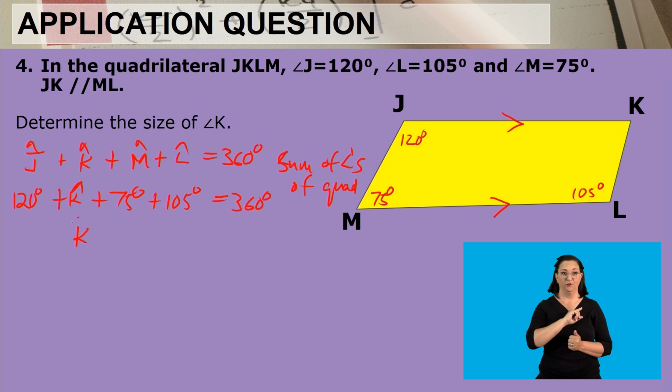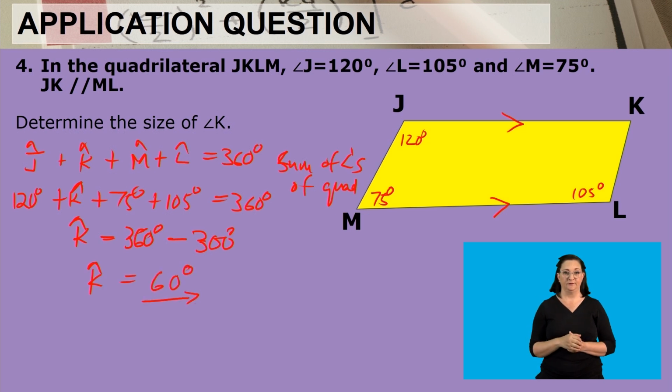Therefore angle K equals 360 degrees minus, 105 plus 75 is 180, 180 plus 120 is 300 degrees. Therefore, angle K equals 60 degrees.